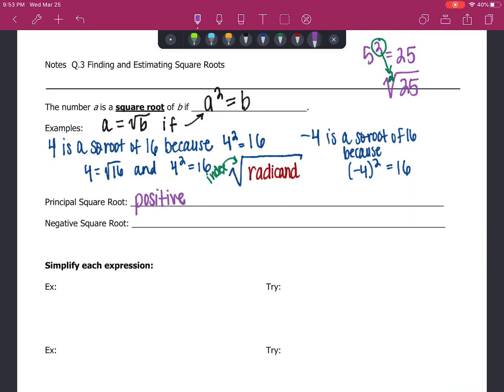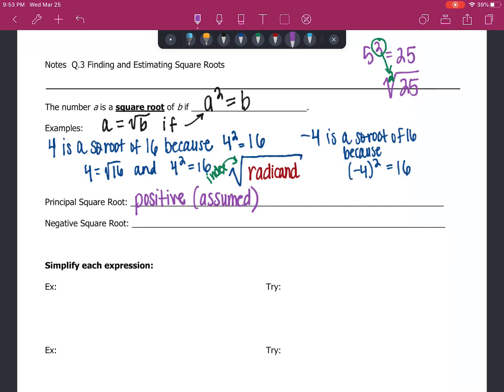Now the principal square root is positive, and the positive square root is the one that is always assumed. When you put the square root of 16 into your calculator, you're not going to get a 4 and a -4. You're going to get the positive value only. The calculator gives you just the principal square root.